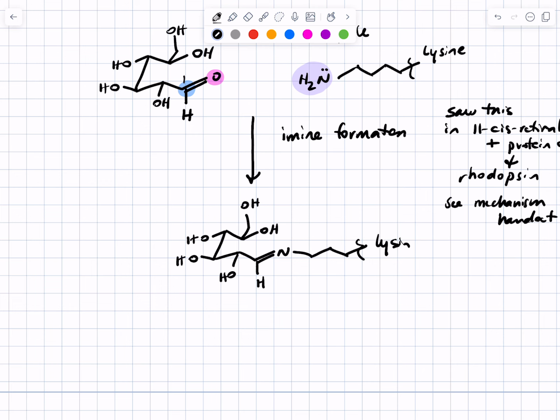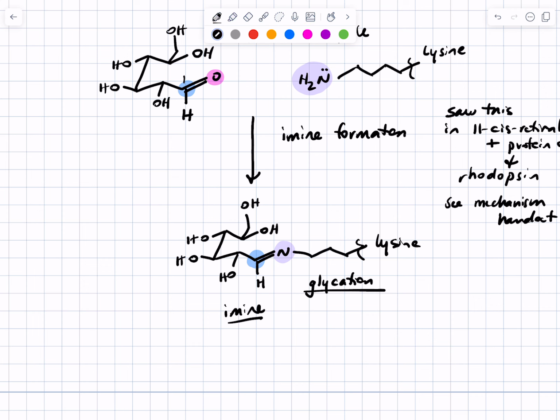This process is called glycation. You may have heard about that. The functional group we just made is called an imine. You can recognize an imine because what used to be the carbonyl carbon is still sp2 hybridized, but the double bond is now to a nitrogen, not an oxygen.